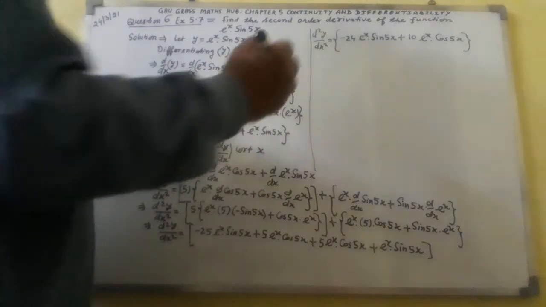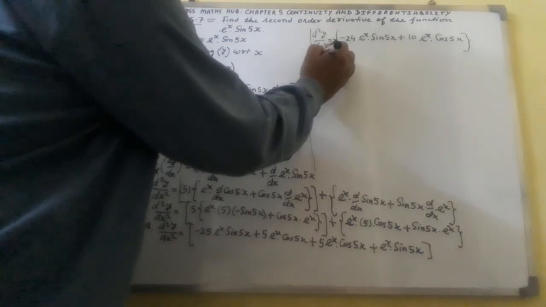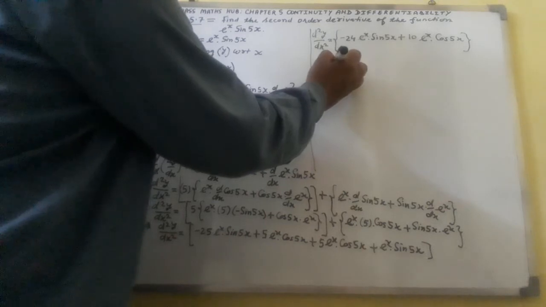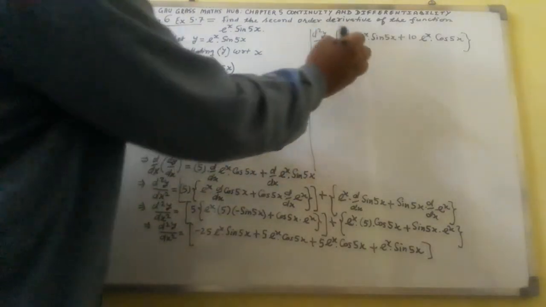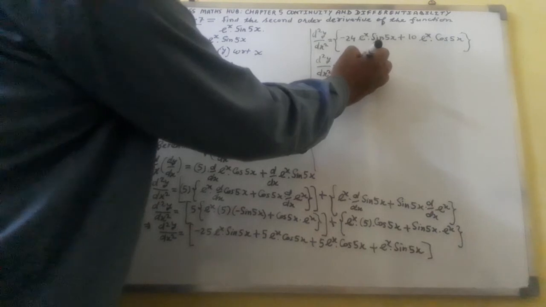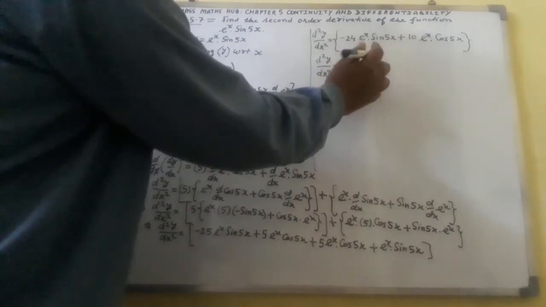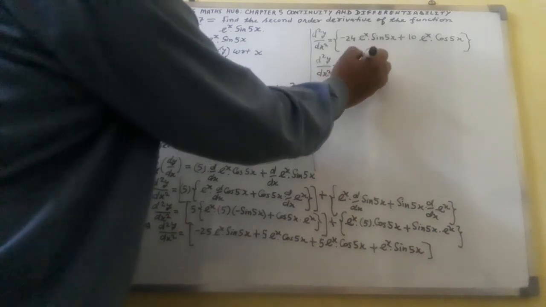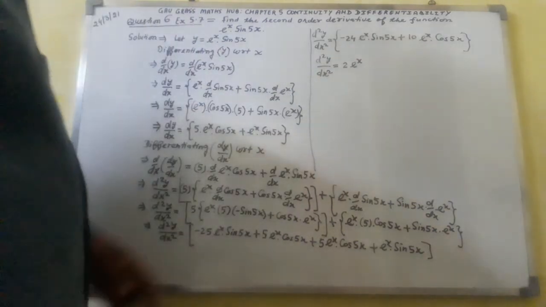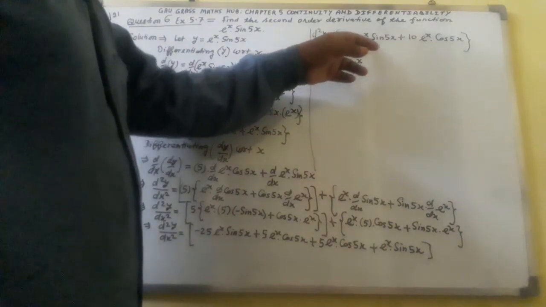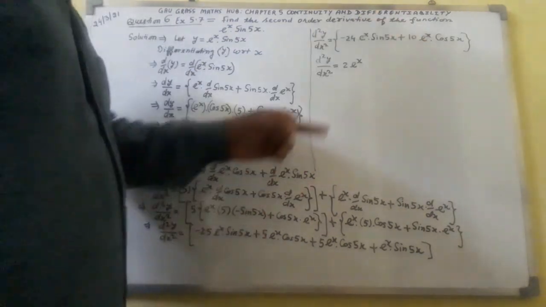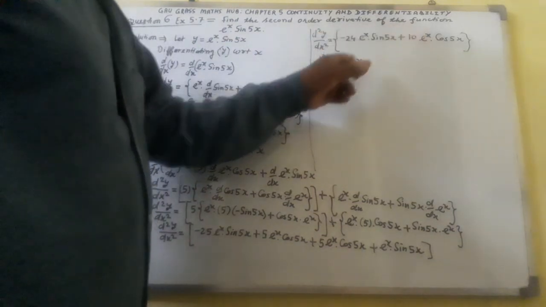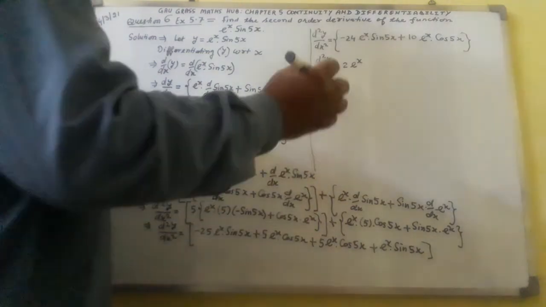Here I shall take d square y over dx square. So here I shall take 2 e raised to power x as a common. From both terms, from this term and this term, I shall take 2 as a common. E to power x is there in both terms, I shall take as common.